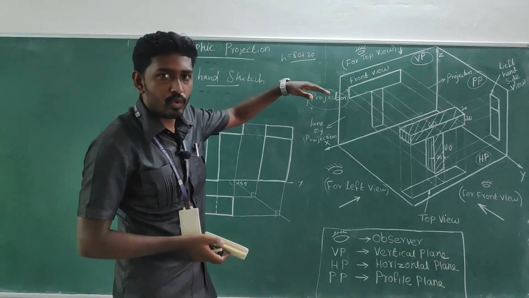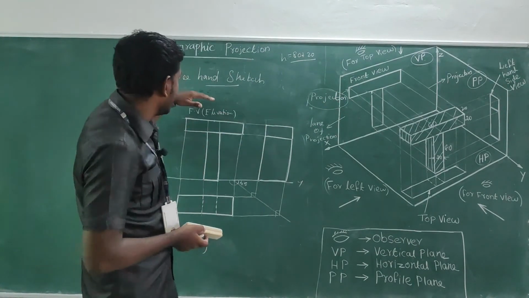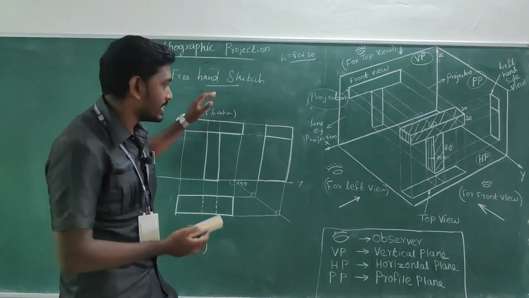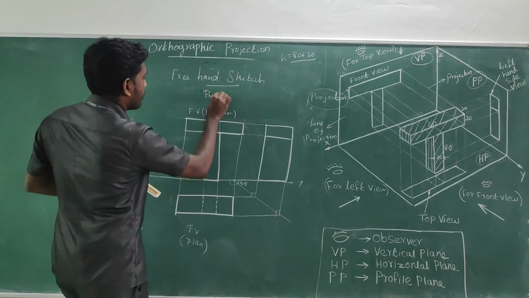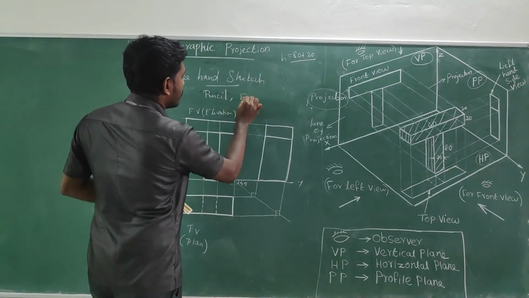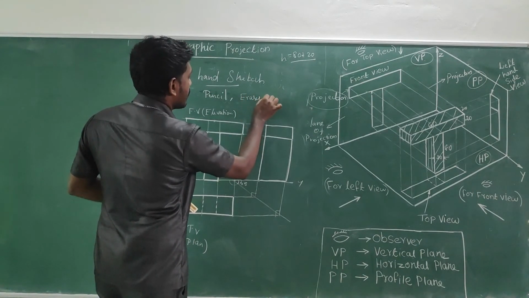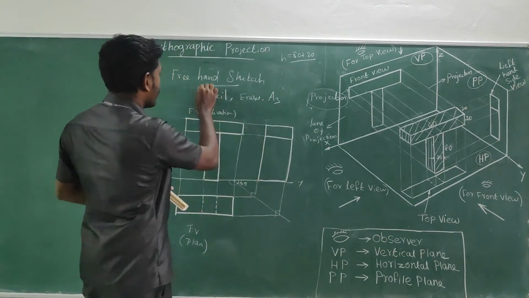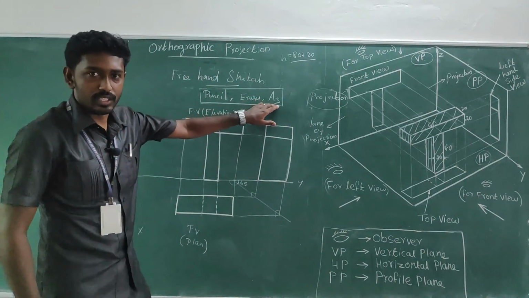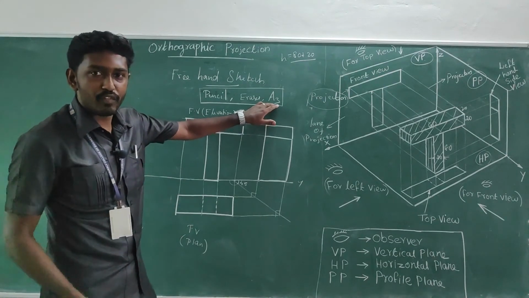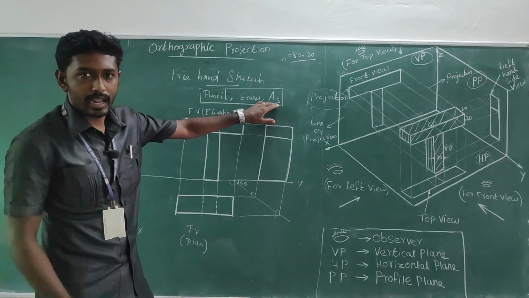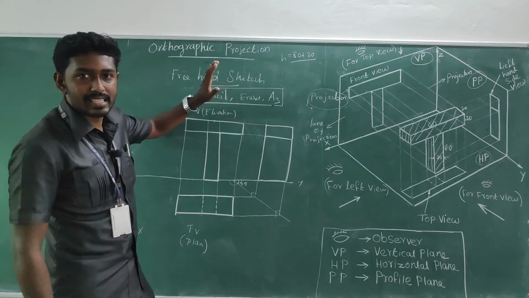We are going to draw the top view, front view and side view, but we are not going to use any drawing instruments other than pencil, eraser and A3 sheet paper. We are not going to use any instruments like scale, compass, protractor, set square, right? It's just a freehand sketch.